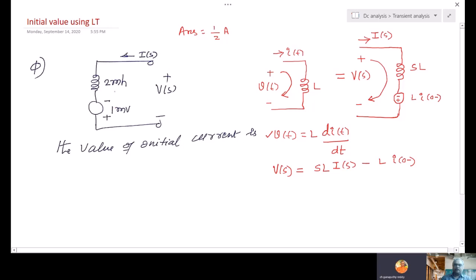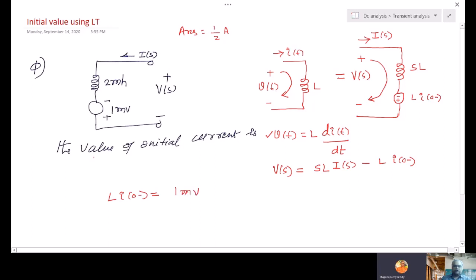Now you compare this with this problem. What is the inductor value given here? 2 millihenry. But here there is a voltage of 1 millivolt. That means L i0 minus value is how much? This L i0 minus is equal to 1 millivolt.